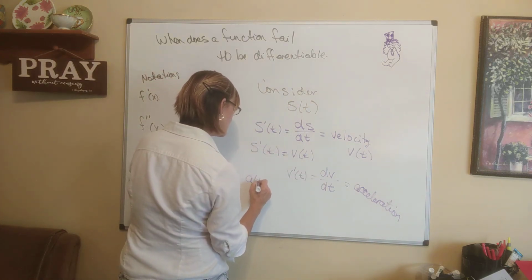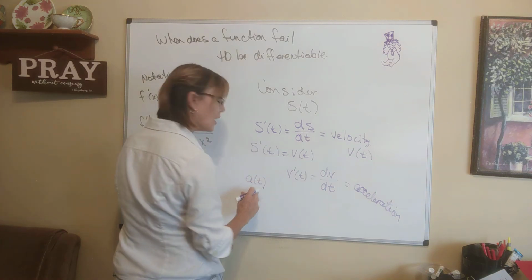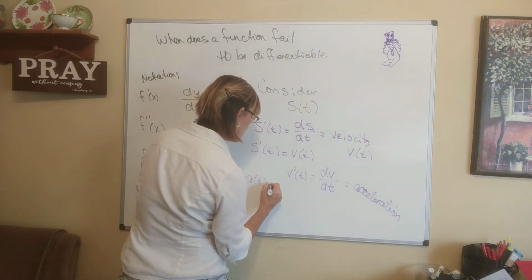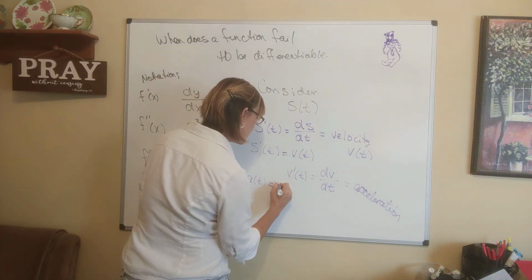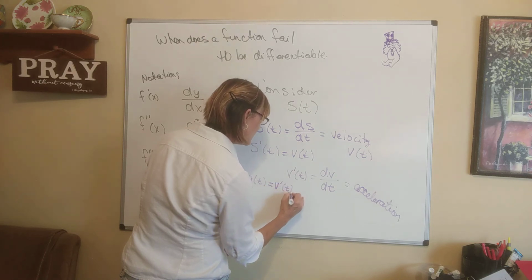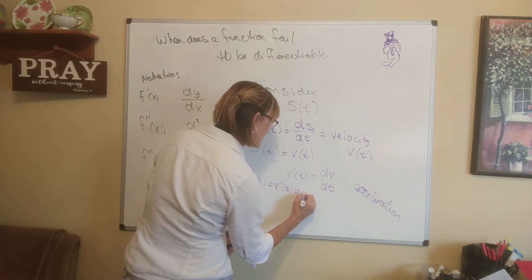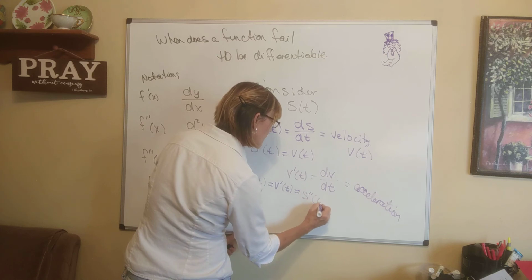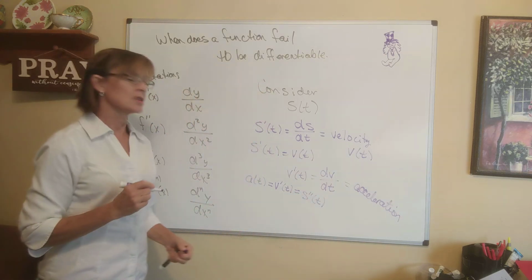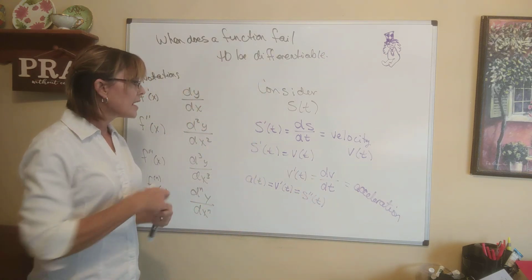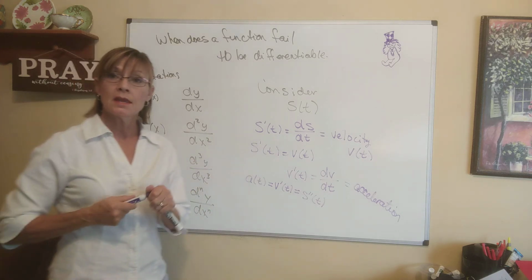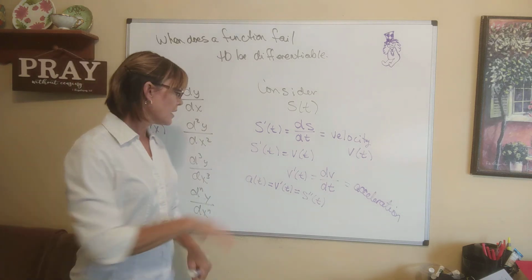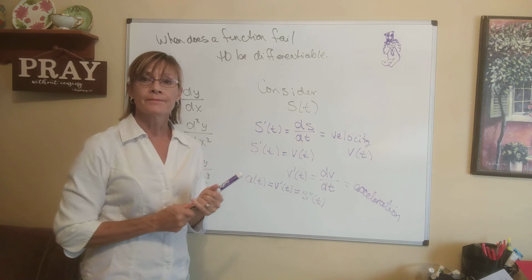The acceleration of a particle, of a vehicle, of something is equal to the first derivative of the velocity and the second derivative of the position function. So that is an example of using the second derivative that we will be seeing. All right.